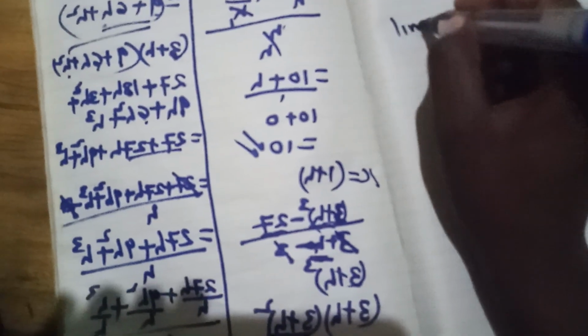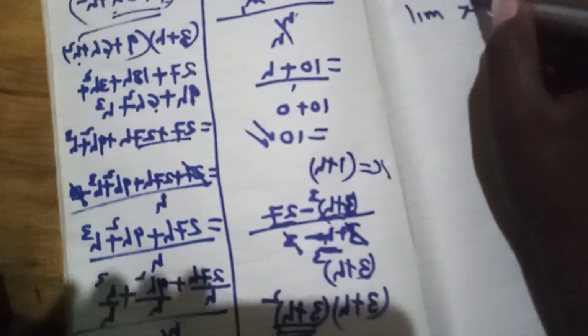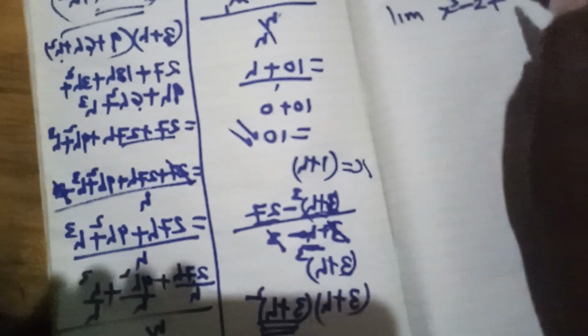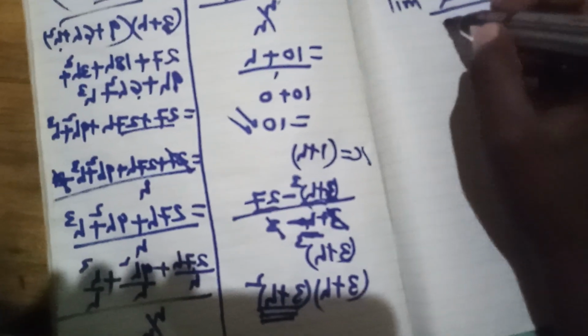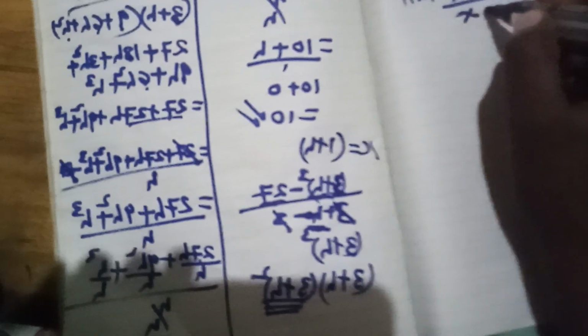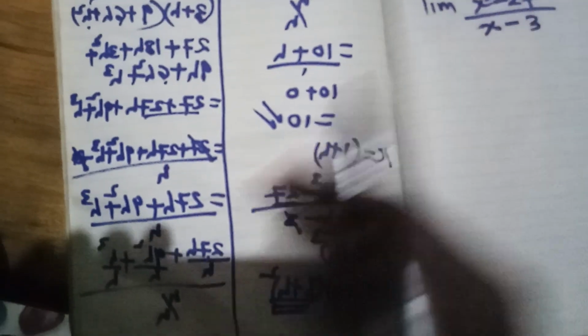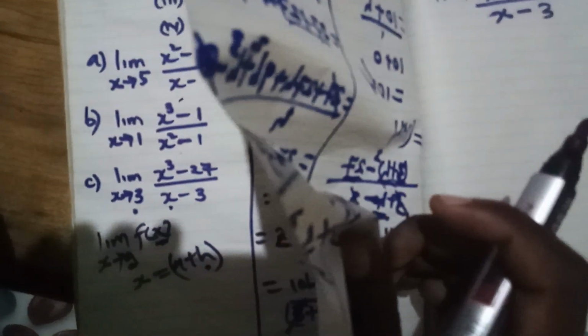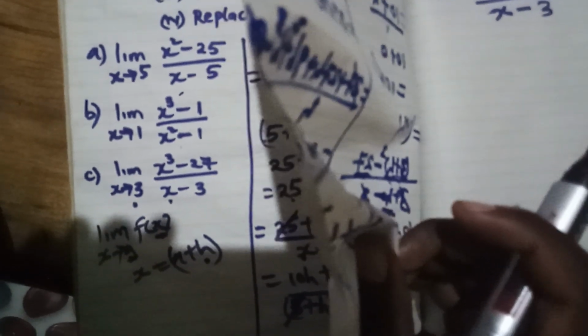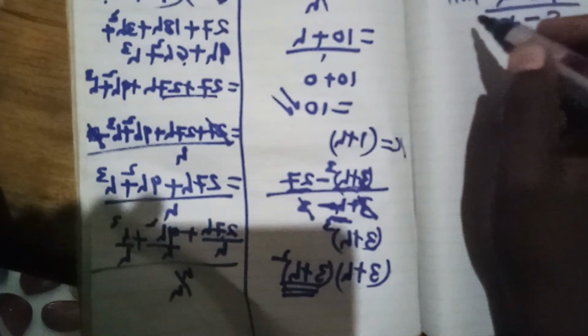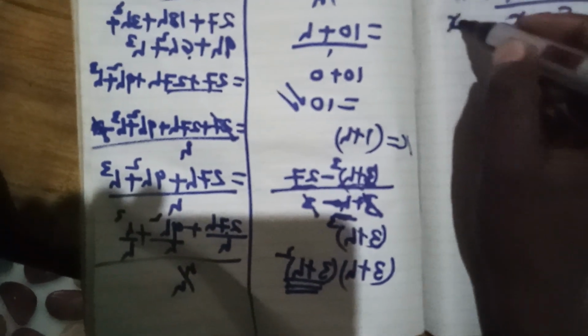The limit of x cubed minus 27 out of x minus 3, as x approaches 3.